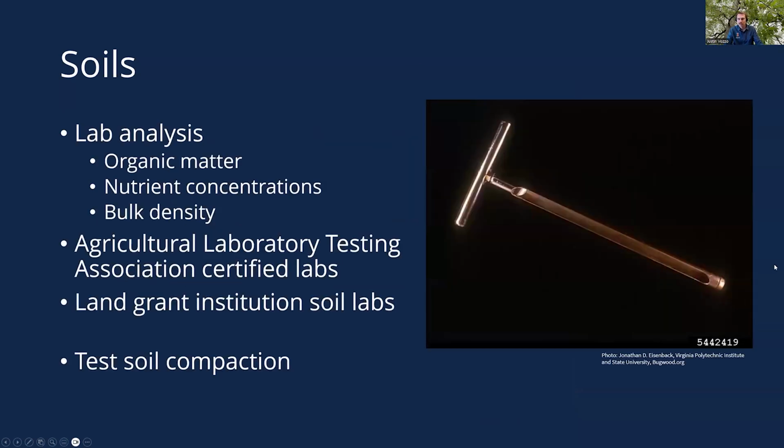So again, looking at the soils, once you've performed your web soil survey, you might also think about performing a lab analysis, because the web soil survey is really broad and gives you a broad picture of what you might be working with in your system, but doesn't necessarily give you the very specific attributes of that soil, and doesn't describe well the micro environments and differences at the smaller site scale that you might need for placing specific plants in certain areas.